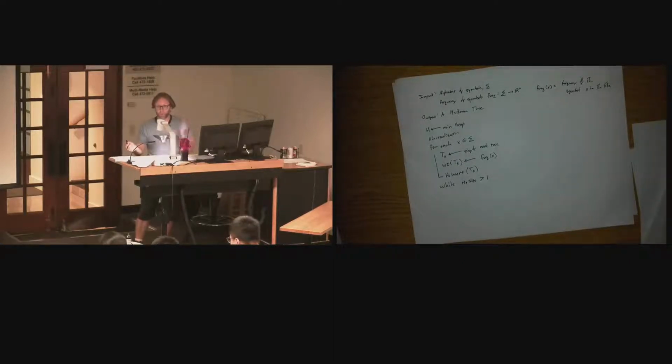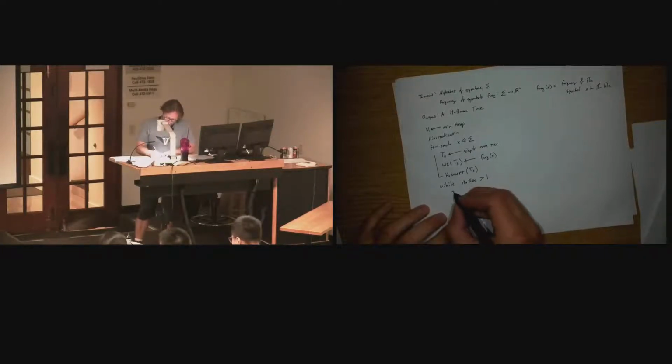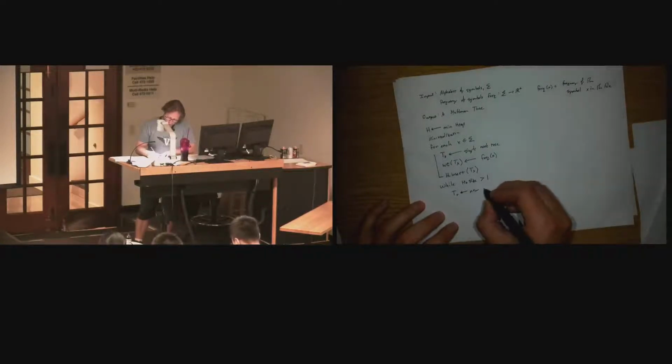Pull out one, pull out another, pull out the minimum, combine them. So t sub r, here's my new root. I shouldn't call it r though. T sub P, there we go. That's the parent, the new root. I'll go right and left.